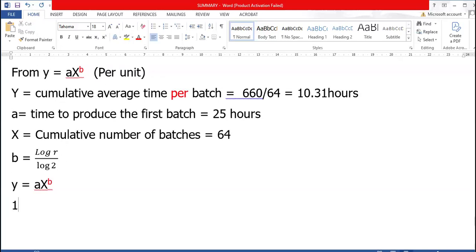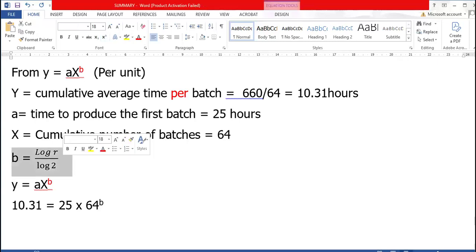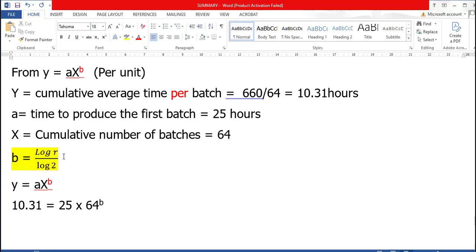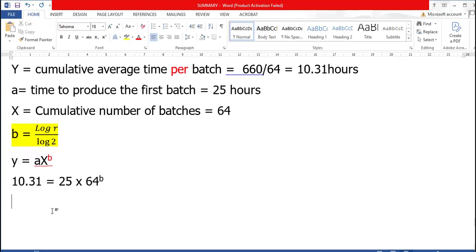We have our Y as 10.31 is equal to, I have my A as 25, then times X is 64, power B. I don't have that B. I can first continue and I get B. Once I get B, I will be in a position to get R. Are you seeing that? So let me first work out and I get B.